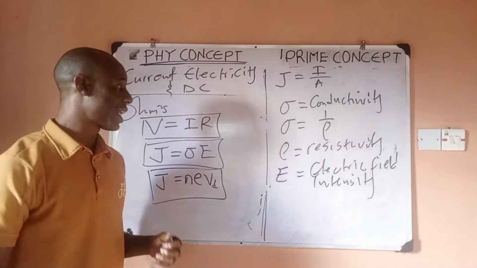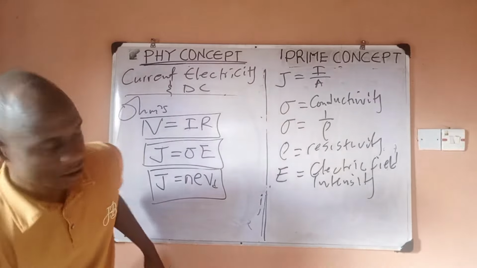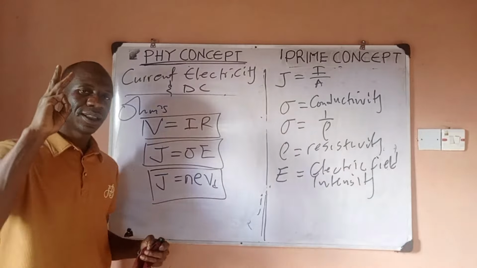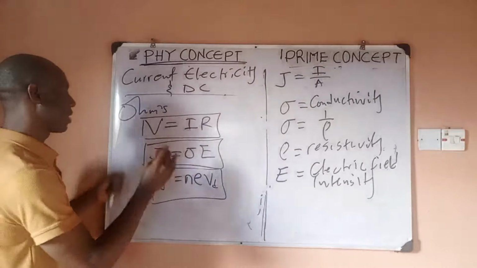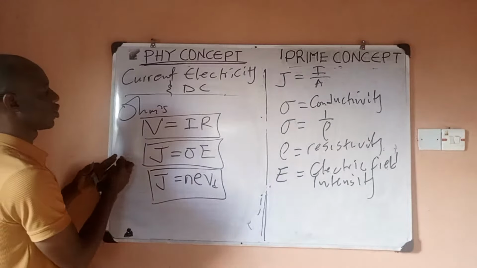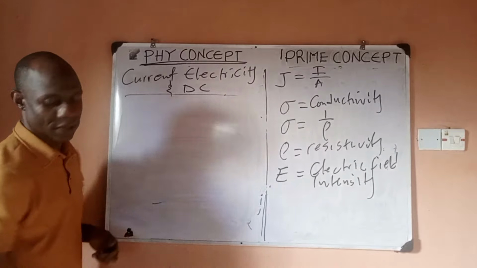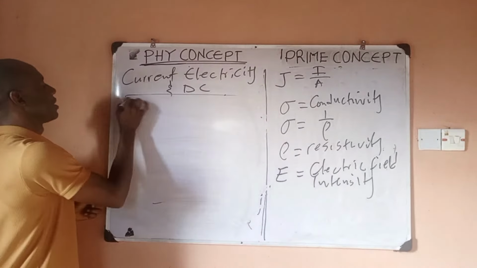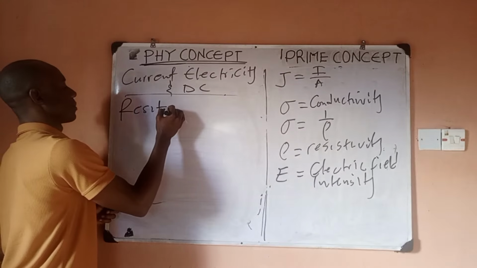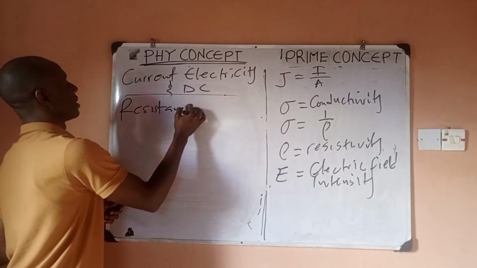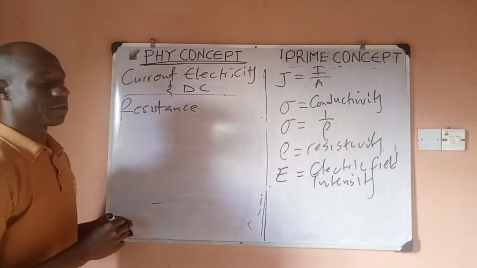And the resistance of a conductor is dependent on 3 factors. Resistance of a conductor, I can rub this, just try to screenshot. So resistance of a conductor is dependent on 3 factors.